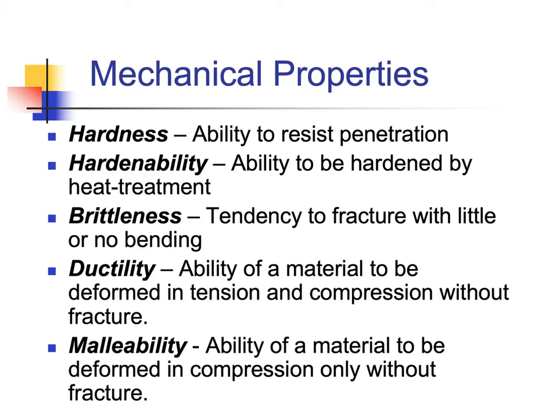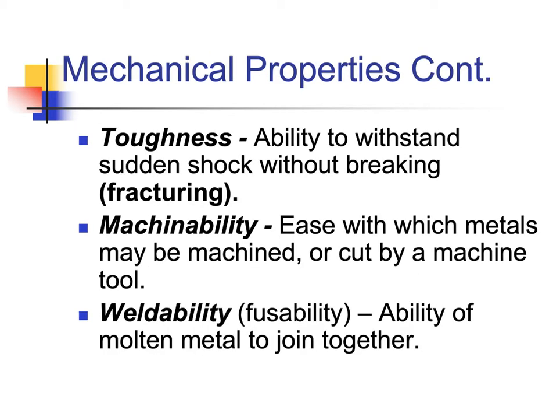Now, this is very important because some materials can be deformed in compression, but not very well in tension. They'll pull apart. So malleability is the ability to be deformed by compression or hammering, typically, is how that's worded.